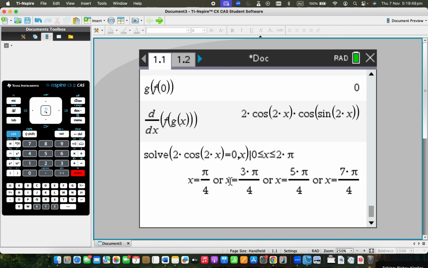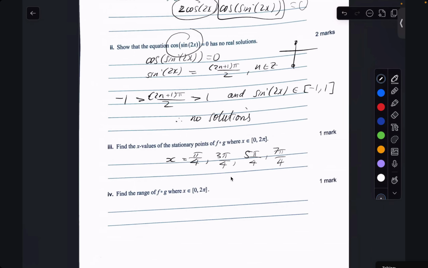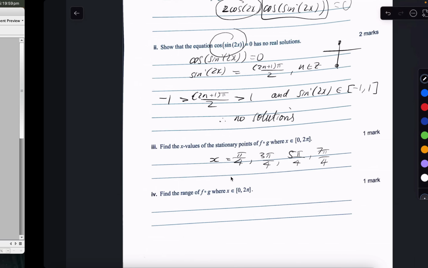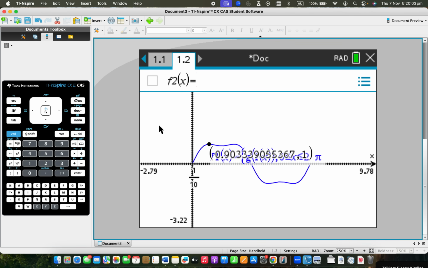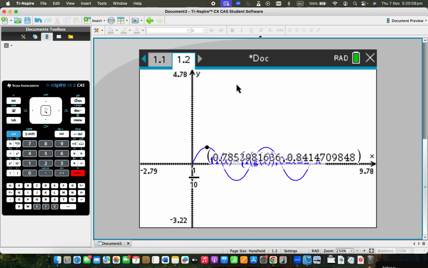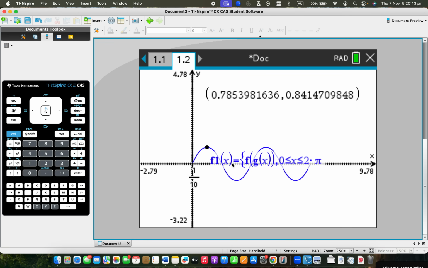Find the range of f of g where x is an element of 0 to 2 pi. Okay, so what's the range of f of g? Let's just sketch f of g. No, that looks a lot nicer.